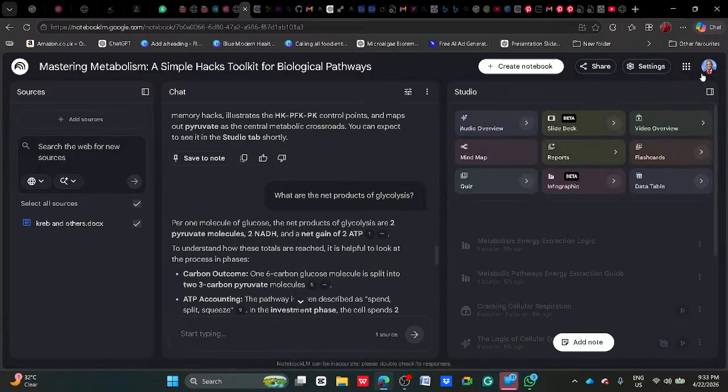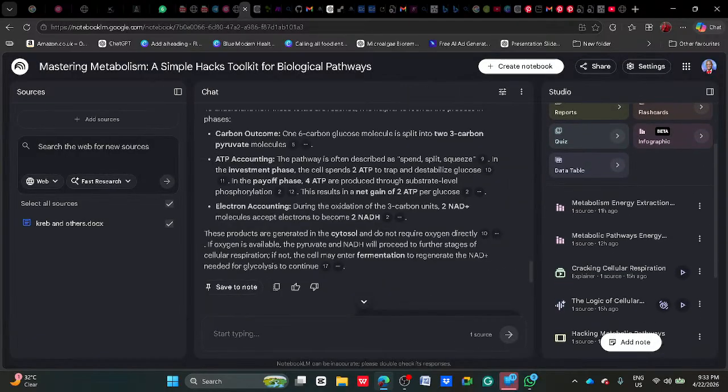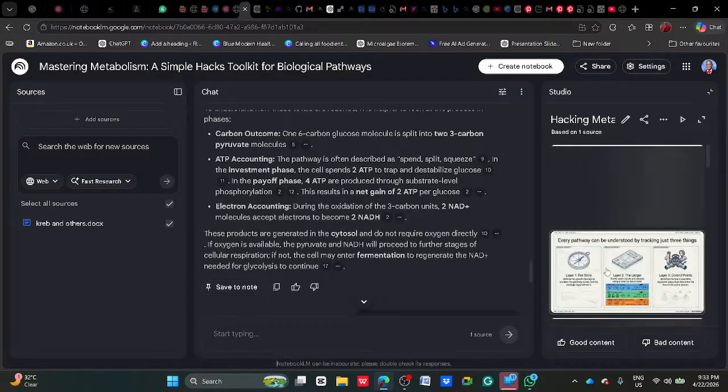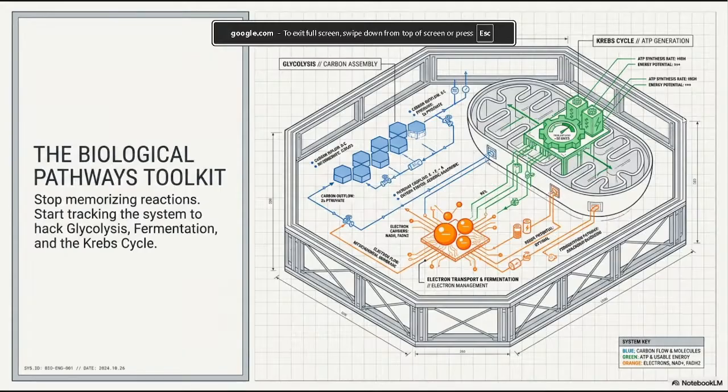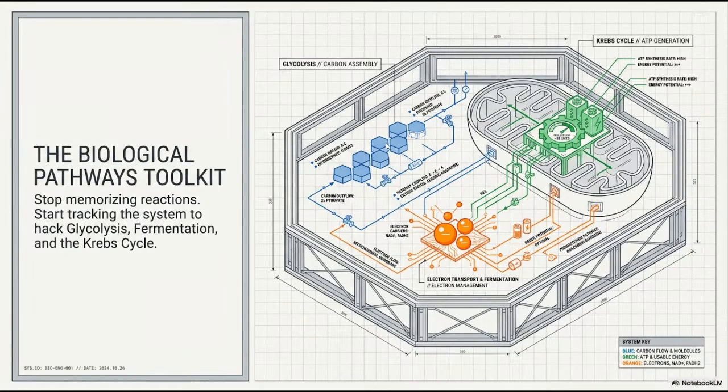So let's go on with the normal presentation. That is hacking cellular metabolism, and that's going to be this presentation. I want you to imagine, look at this diagram, the biological pathway toolkit. You have to stop memorizing those reactions and start tracking exactly what happens. It's not a matter of memorizing.